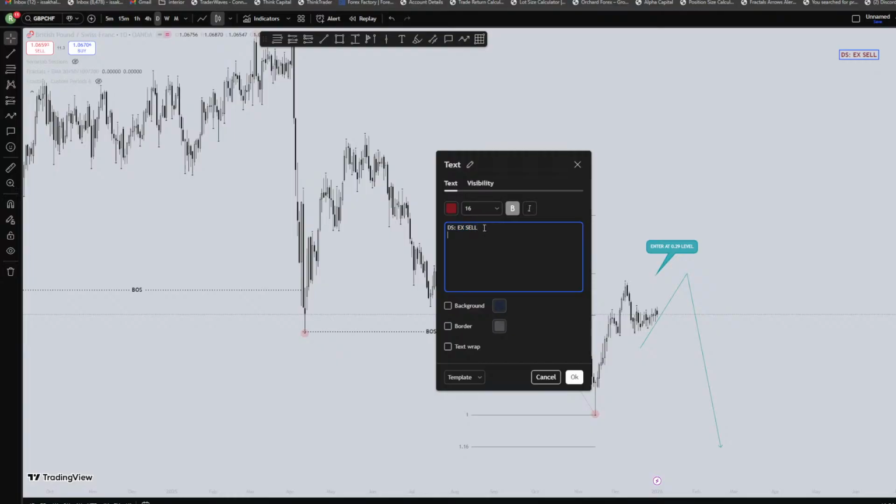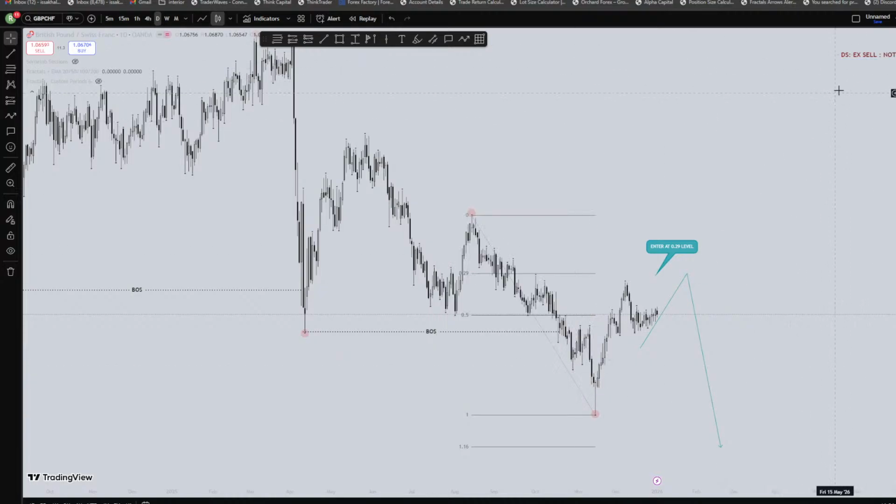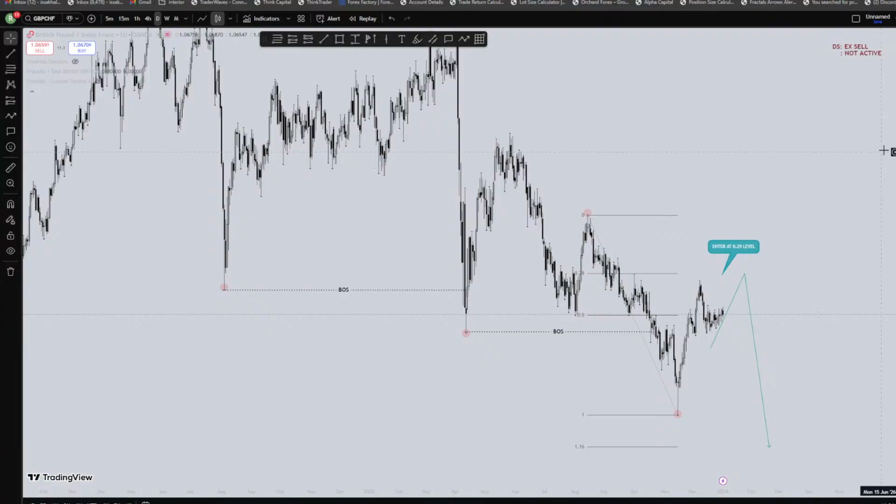Actually, it's best to say of that there. So trade not active.